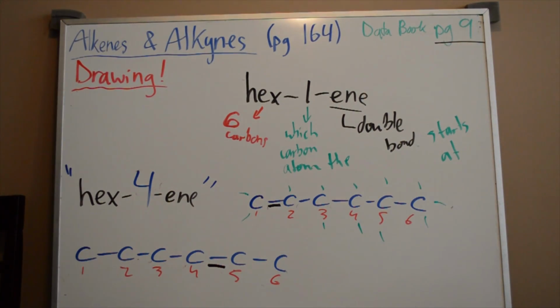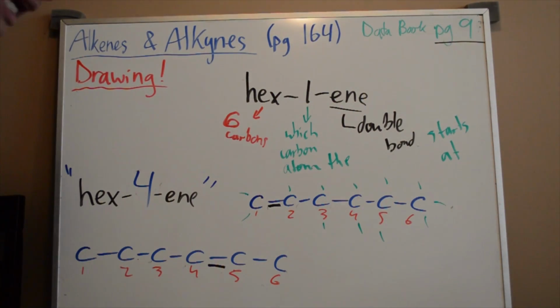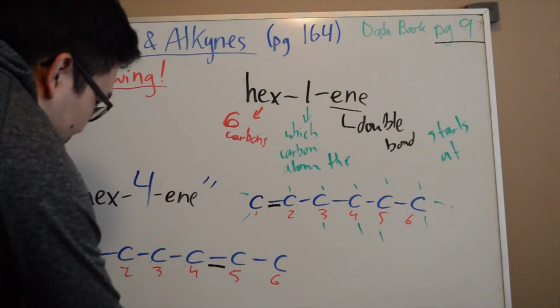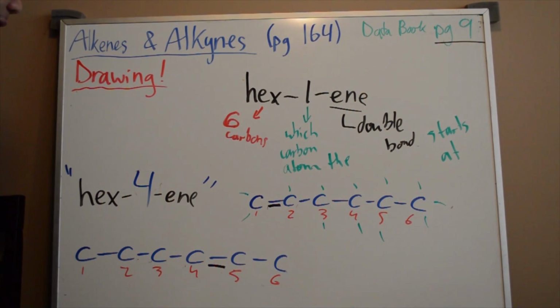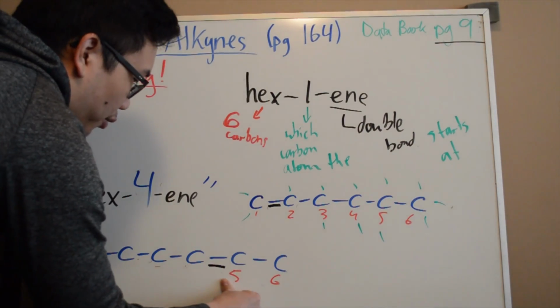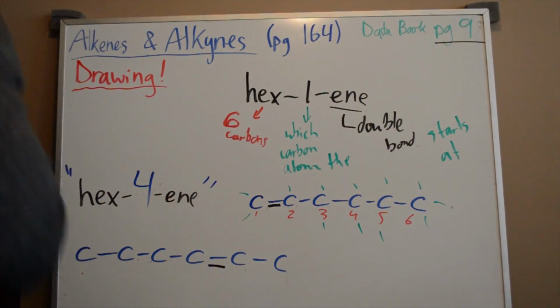Now class, if you remember from last week, remember that rule about, oh, we always want to number things so that they're in the lowest number possible? Is this really the lowest number possible to count the carbons? Well, check it out. 1, 2, 3, 4, 5, 6. Okay, double bond on the fourth carbon. What if we were to do this? What if instead of counting from left to right, we count from right to left?